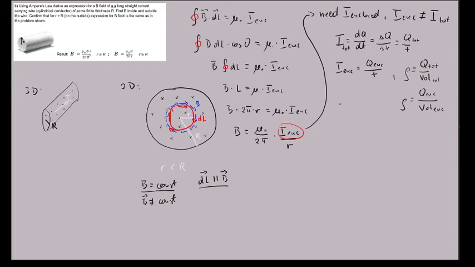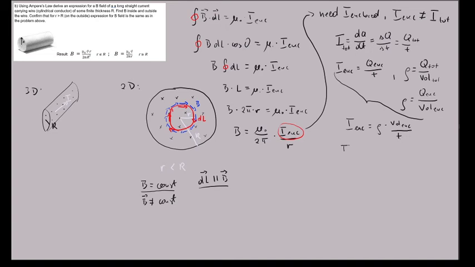And so if I combine these two, I get that I enclosed is equal to the charge density times volume enclosed, divided by t, time.